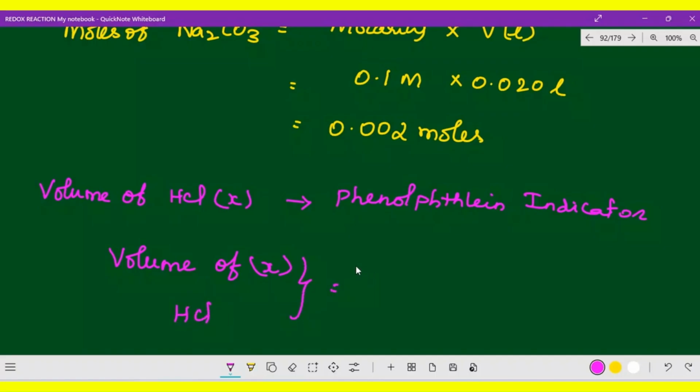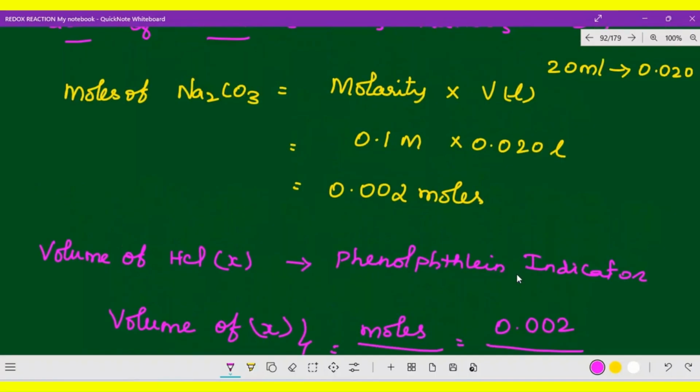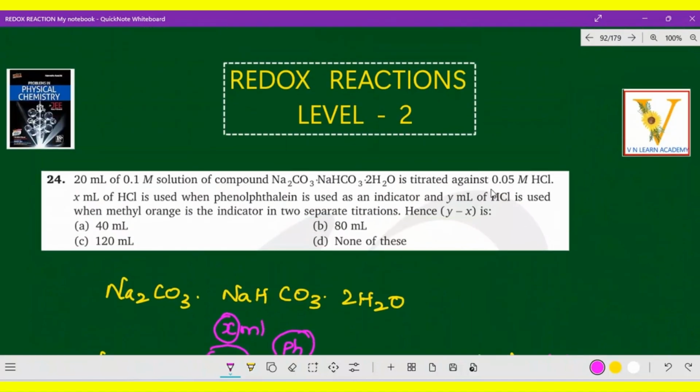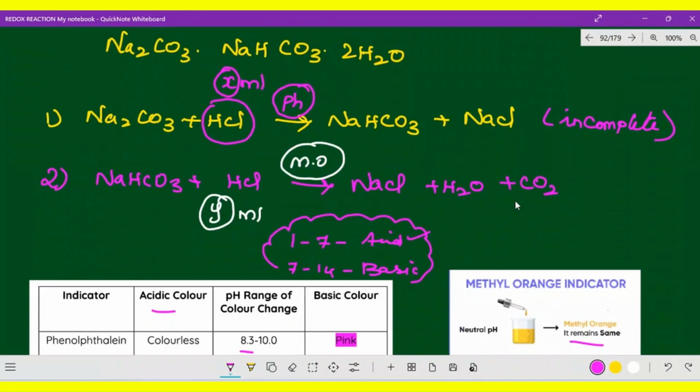How do we calculate it? Moles by molarity. So moles, how much we got in that Na2CO3? 0.002 we got. Divided by molarity, in the question it has mentioned 0.05, right? Here in the question 0.05 M HCl they mentioned, no?